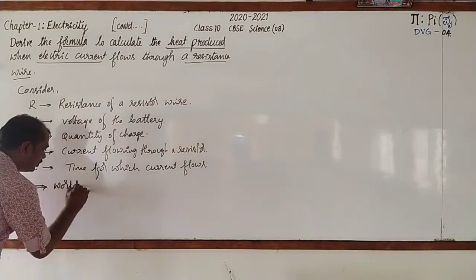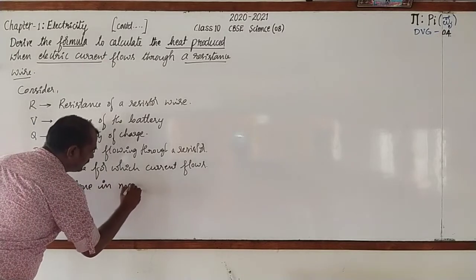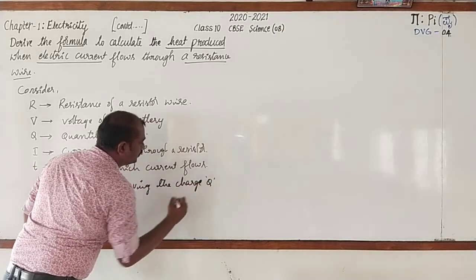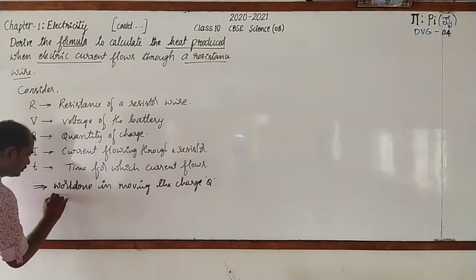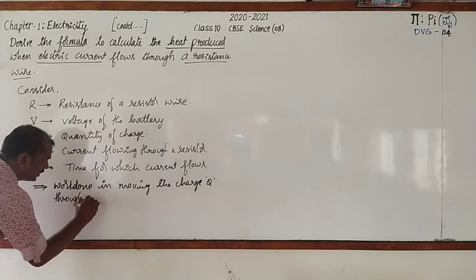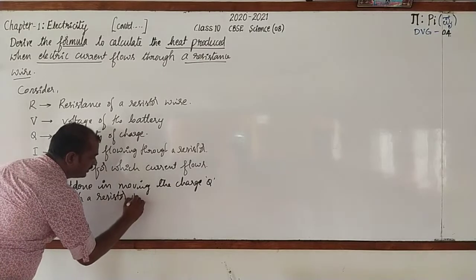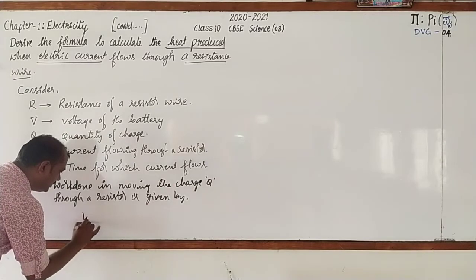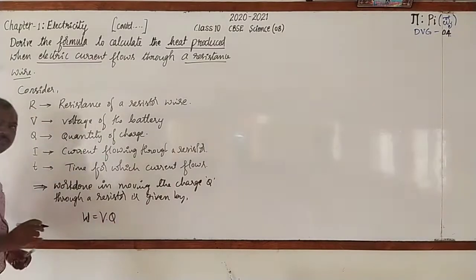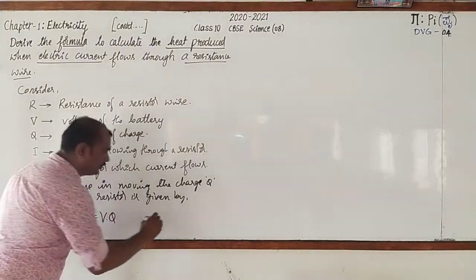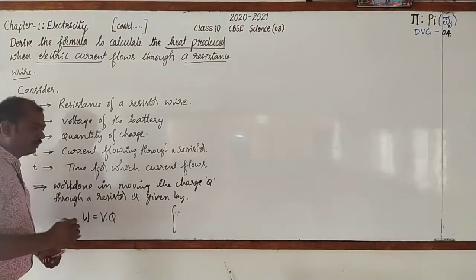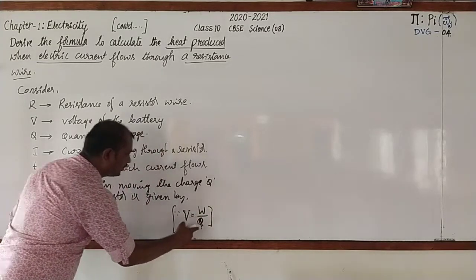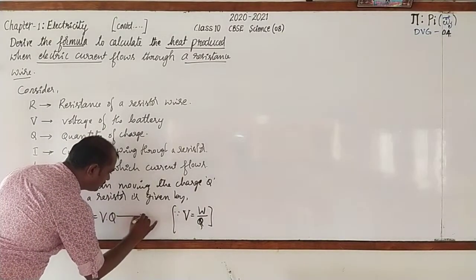We know that work done in moving the charge Q through a resistor is given by, yes, how do you write that? It is W is equal to V into Q. Do you accept this? Yes. How? It is because we all know that voltage is equal to W by Q and W is equal to V into Q. I call this equation 1.